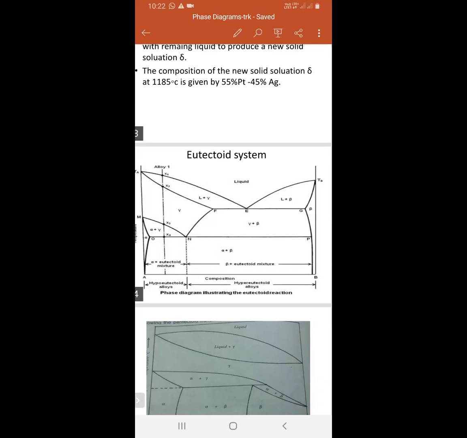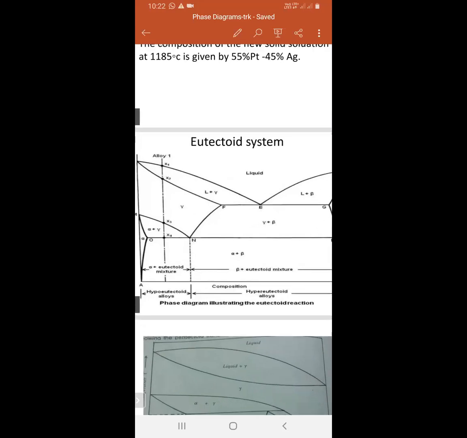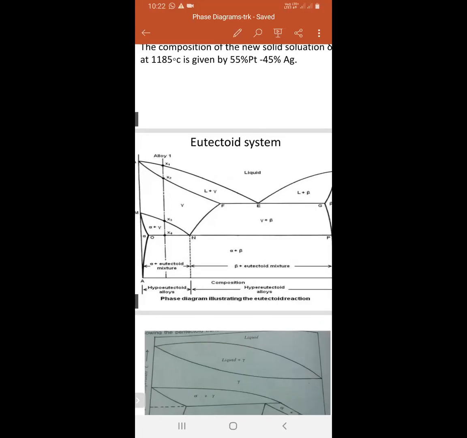Show me first. Here, so many phases are there: single phase, liquid plus solid, different two solids, and so many others.